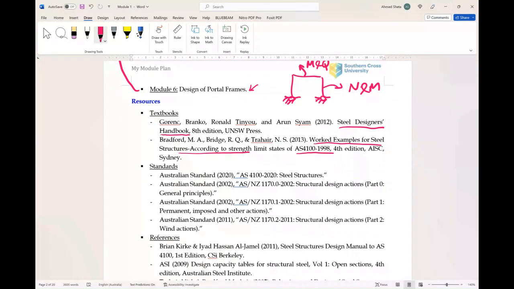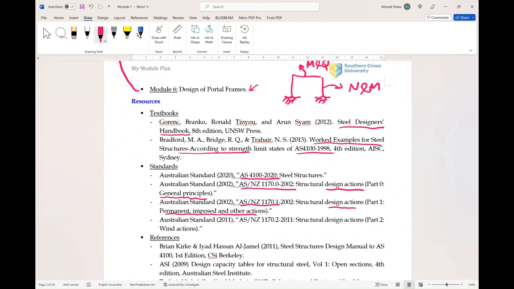The standards we are using are AS 4100 Steel Structures, AS 1170.0, which is design actions, general principles, and also AS 1170.1, structural design actions, part 1, permanent, imposed and other actions.